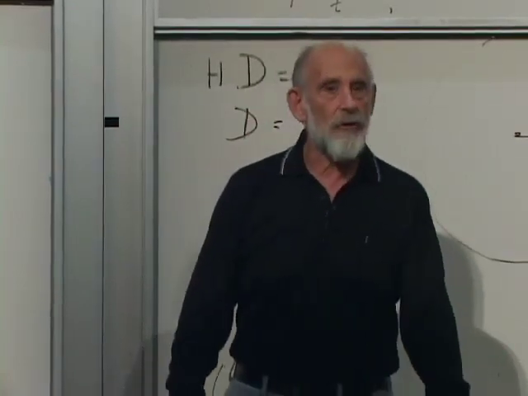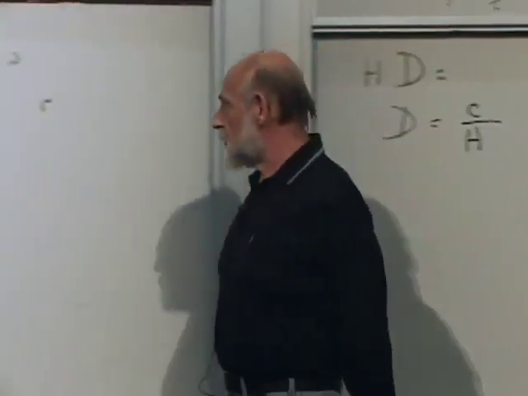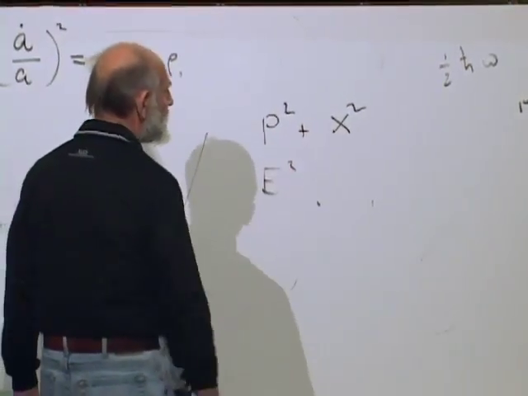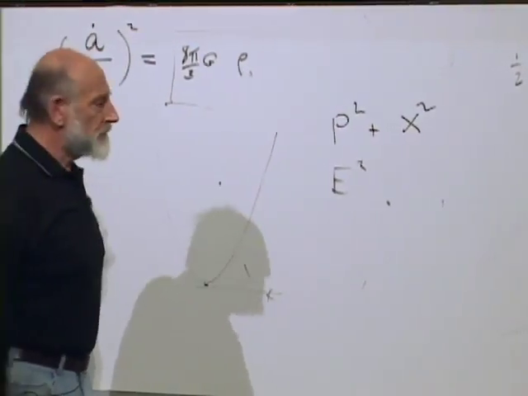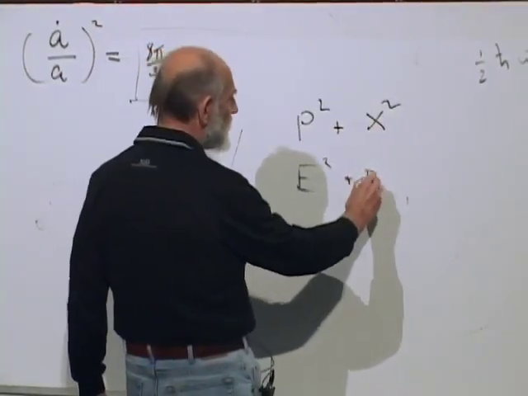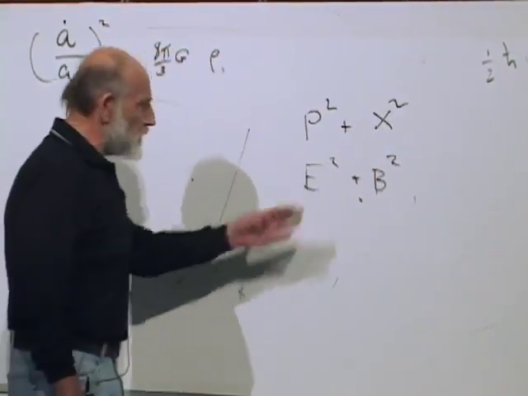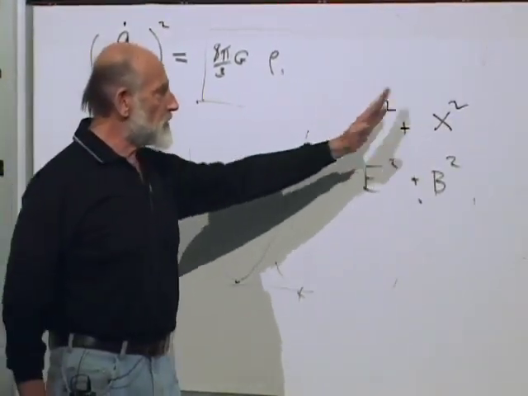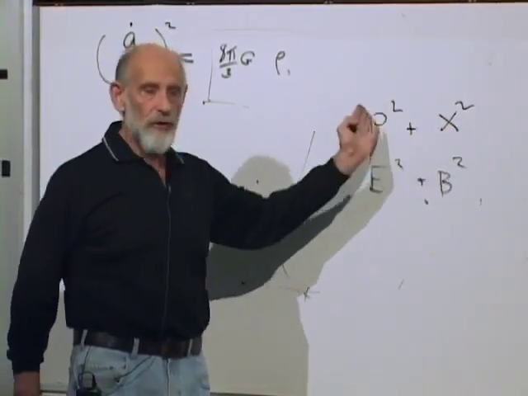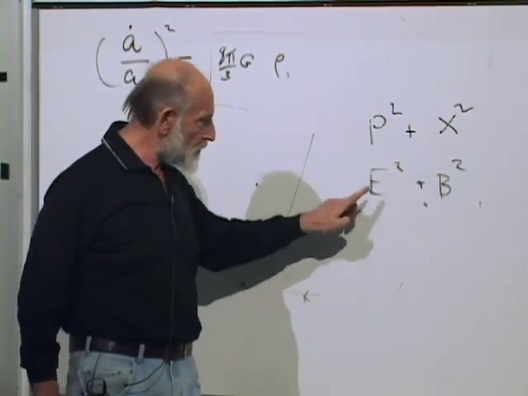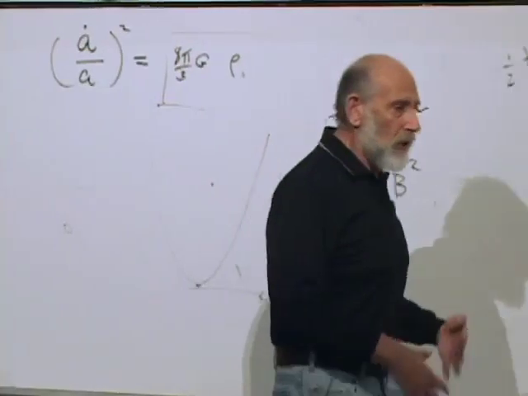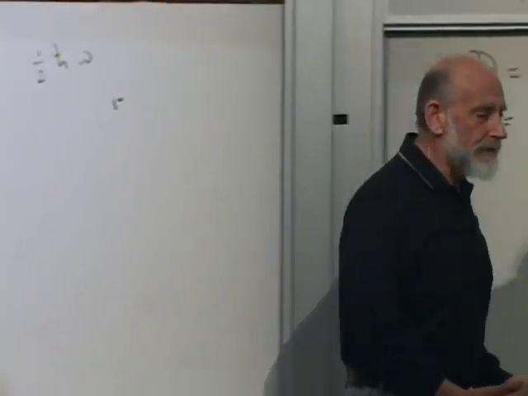The energy of an electromagnetic field is E squared plus B squared, with E being like momentum and B like position. And there's an uncertainty principle between electric and magnetic fields, which is very similar to the uncertainty relation between momentum and position. So they can't both simultaneously be zero because of an uncertainty relation between them.